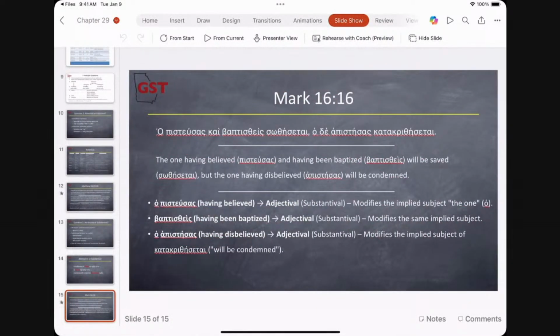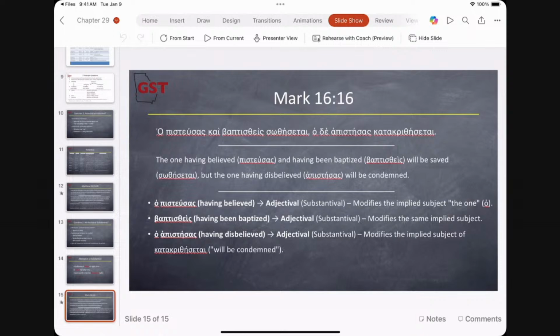All right. Well, here's the key thing. A couple of key points. Number one, we went over what participles look like, regardless of how they function. They look the same. Now, to understand how it functions, we need to understand whether there's an article or not. If there's not an article, it's going to function adverbially, meaning it's going to modify the main verb. You have to understand how it's modifying the main verb. That helps with your translation.